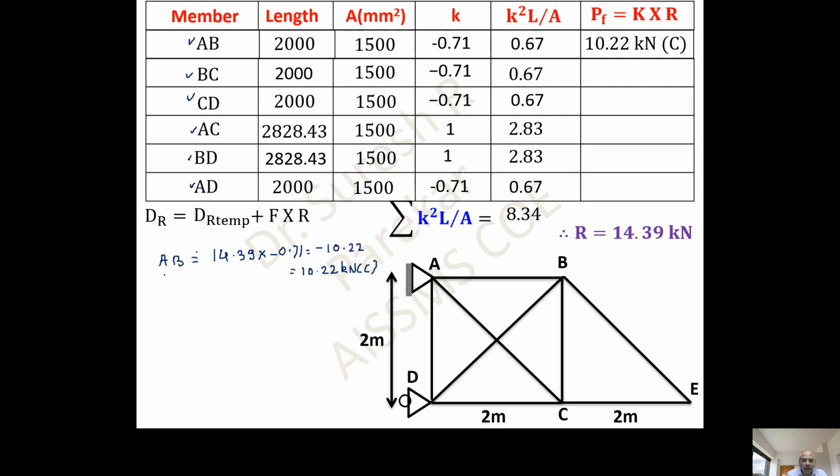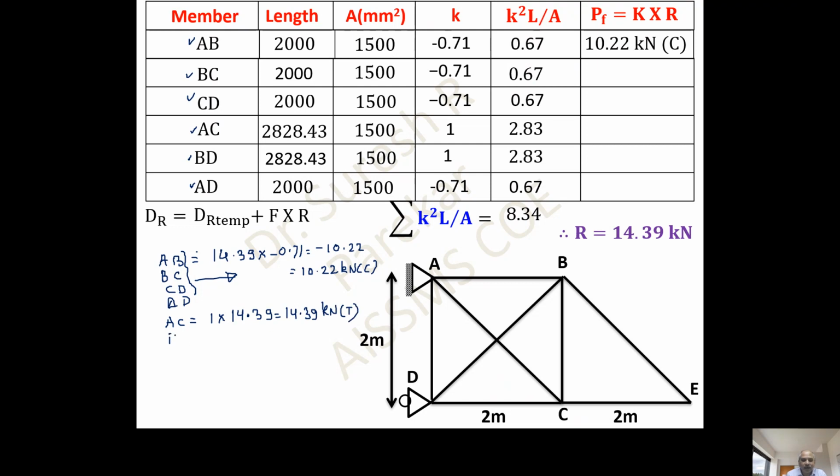We have AB, then BC, CD and AD, all four in the same way. Then in AC we have 1 into 14.39, and we get 14.39 kilonewton, and it will be tension.